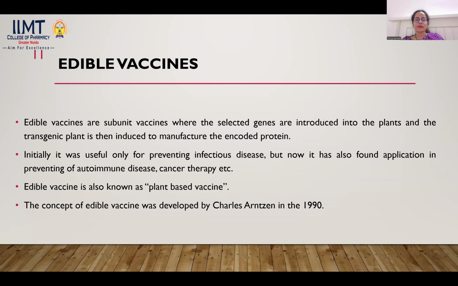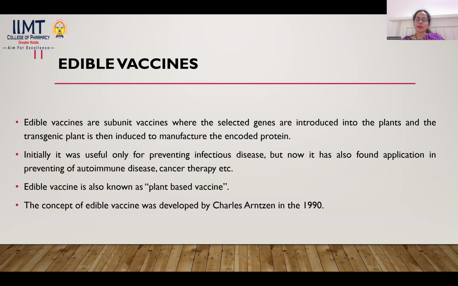Next, edible vaccines are subunit vaccines, where selected genes are introduced into the plant, and the transgenic plant is then induced to manufacture the encoded protein. Initially, it was useful only in preventing infectious disease, but now it has also found application in preventing autoimmune disease, cancer therapies, etc. Edible vaccine is also known as plant-based vaccine.